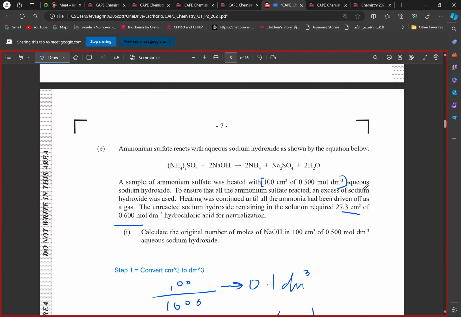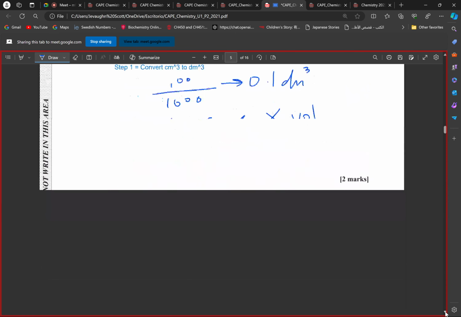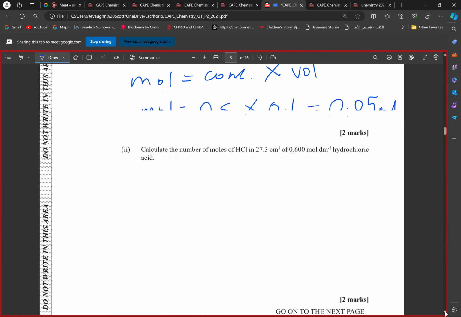Go ahead. Is it because it's a 1-to-1 ratio? Yes, sir. I think when you react the unreacted sodium hydroxide with the excess hydrochloric acid, it's 1-to-1. Okay, so it will be the same amount.